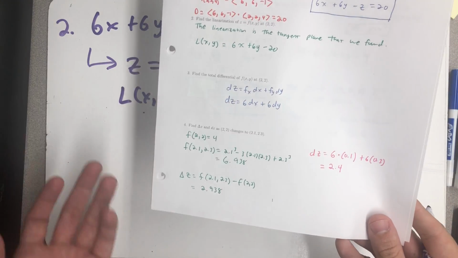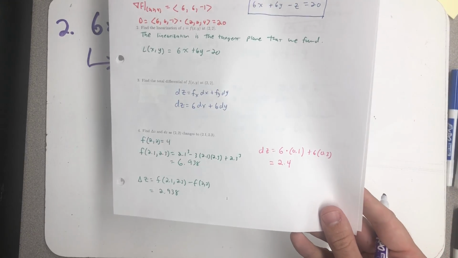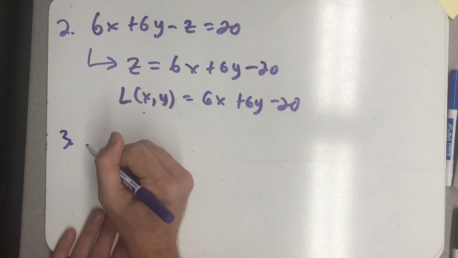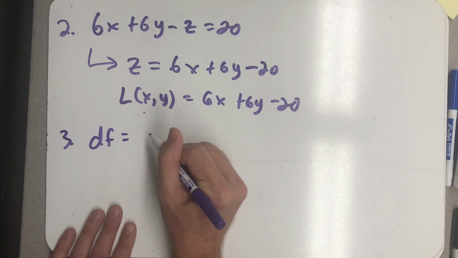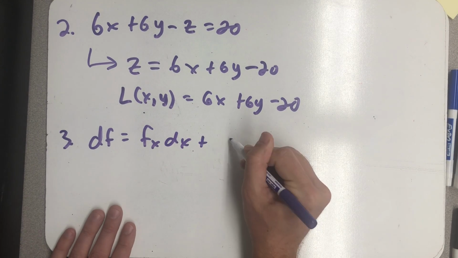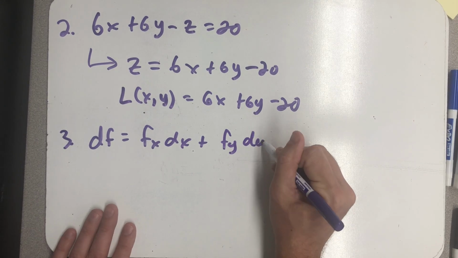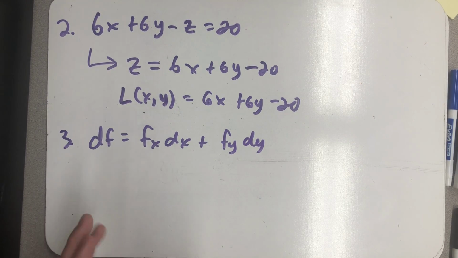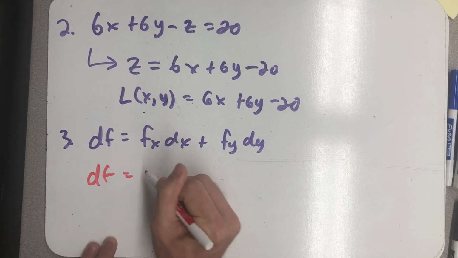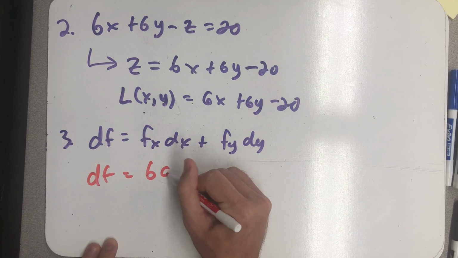Number 3 asks us to find the total differential of f at that same point. That requires me to know a definition, that df is the partial with respect to x dx plus the partial with respect to y dy. I could just as well call that dz. Well, at the point 2, 2, I've already established that this is a 6.